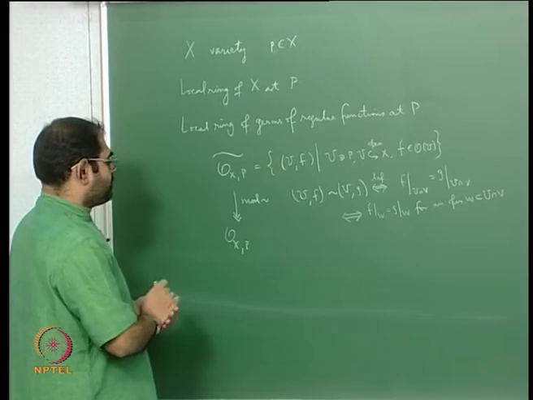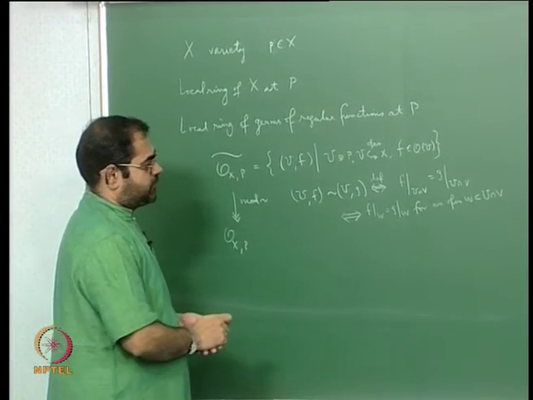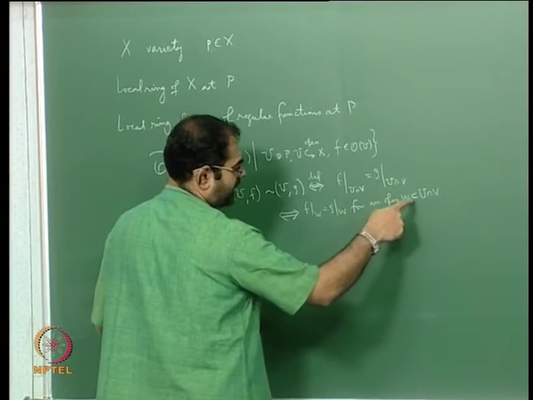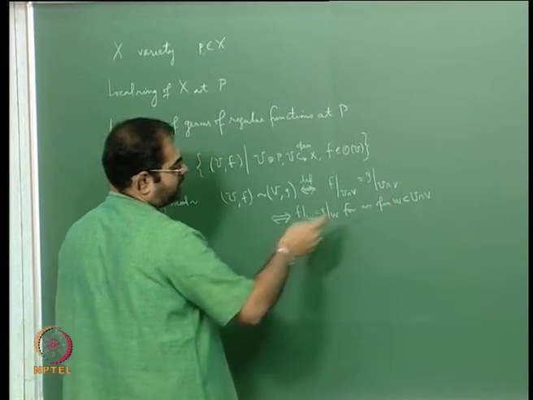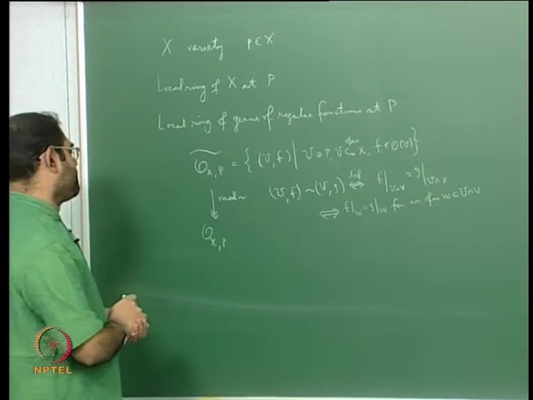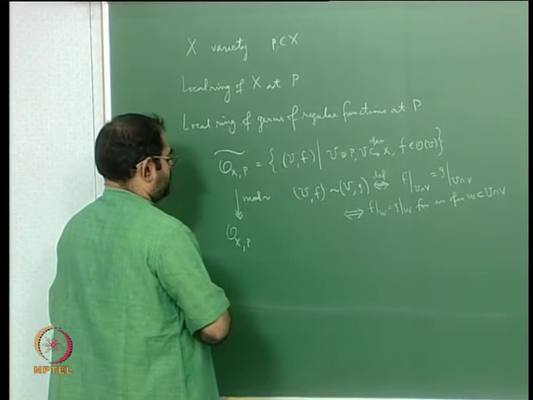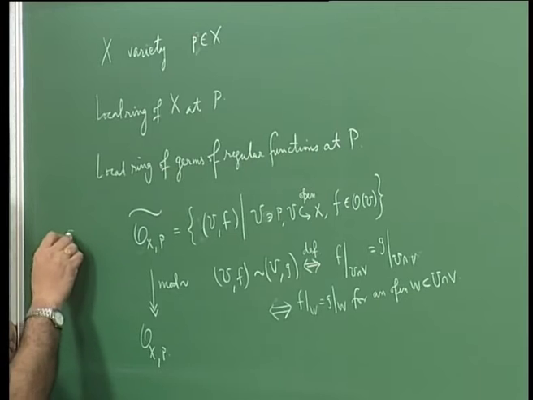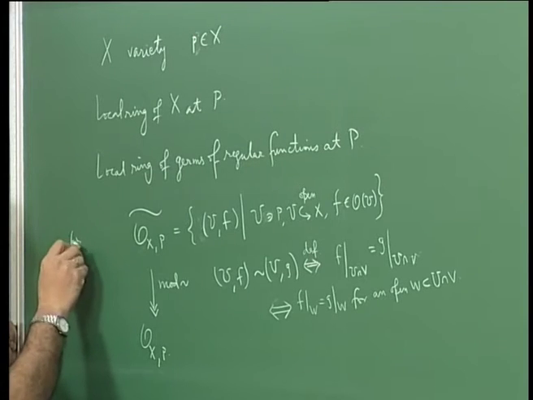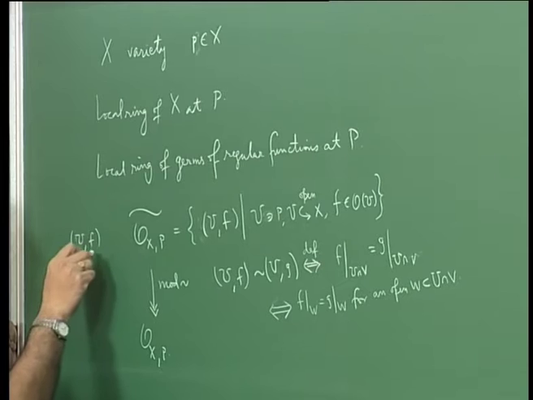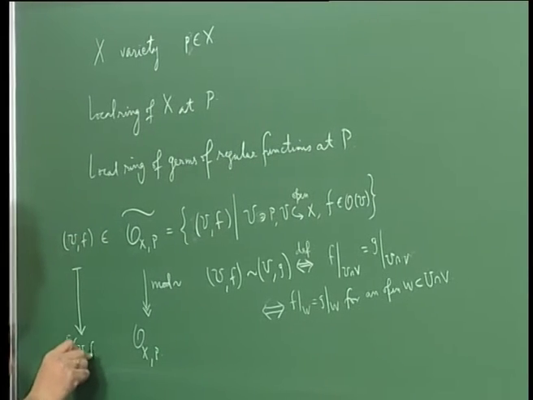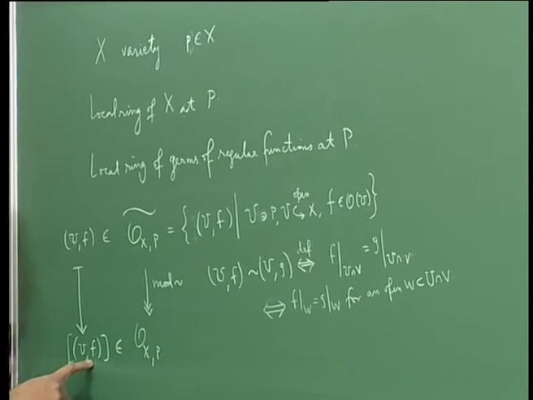So I need not require that the point P is in W. So this is the local ring, and if you start with an element here (U, f), its image is written with a square bracket, and it's called the germ of the function f.